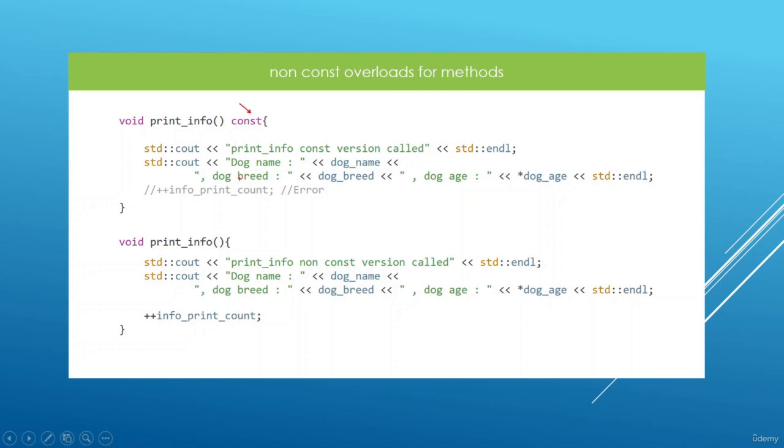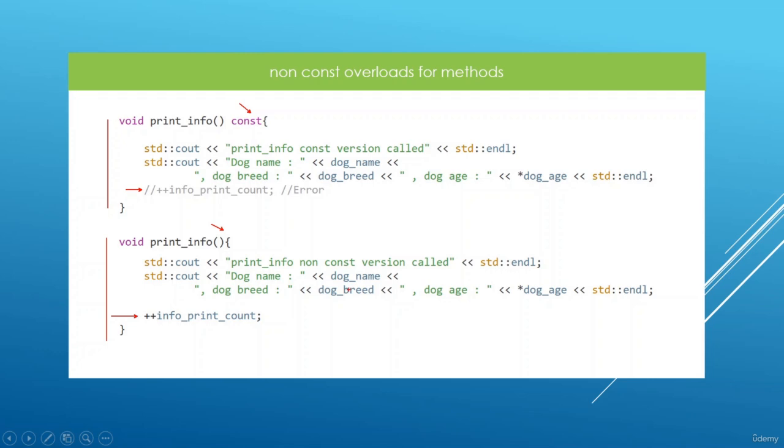One is const, the other is not const. So from the const function, if we try to modify anything about our class, we're going to get a compiler error. But the non-const function is going to be able to modify this without a problem. So you should know that it is possible to overload your member functions based on whether one is const and the other is not const. And you can see that right here.